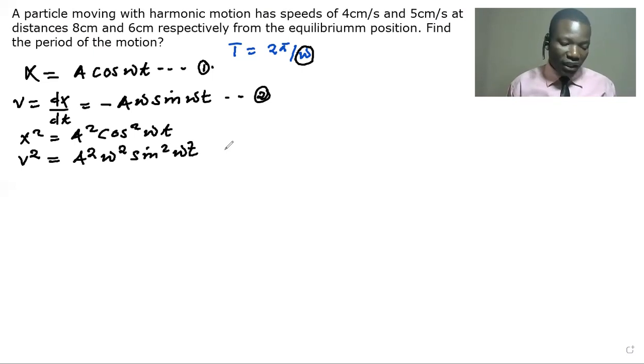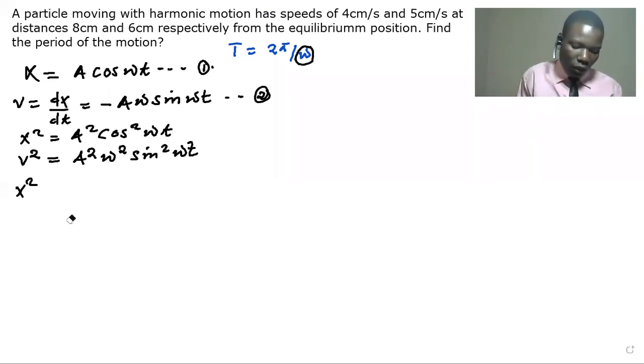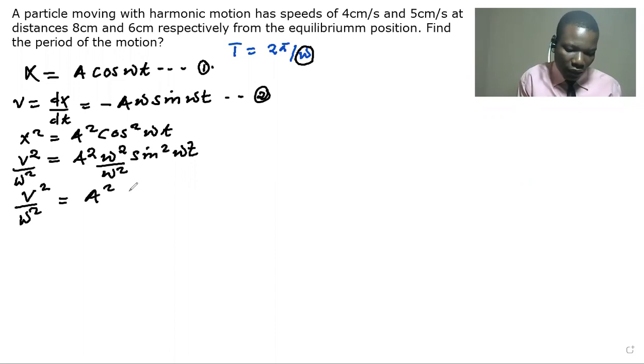Those are the two equations, and then we sum them up. I can manipulate equation 2 by dividing through by omega, so that it gives a squared sine squared and suits this equation.